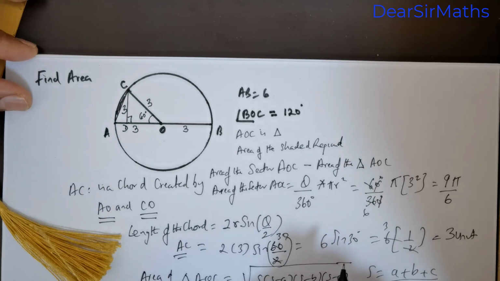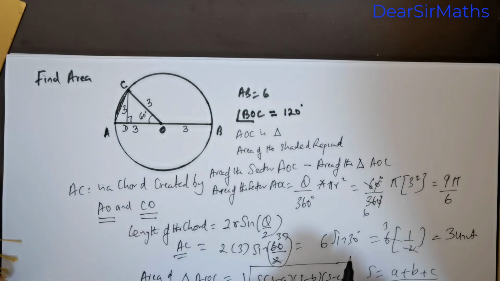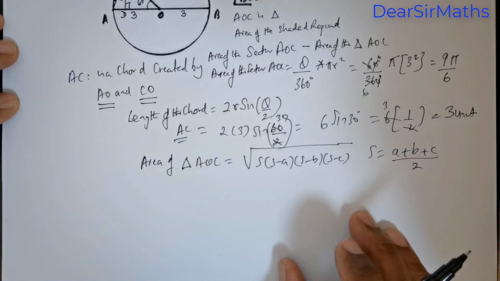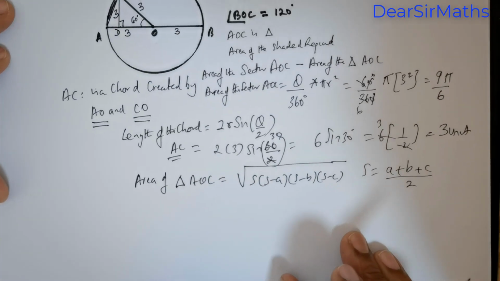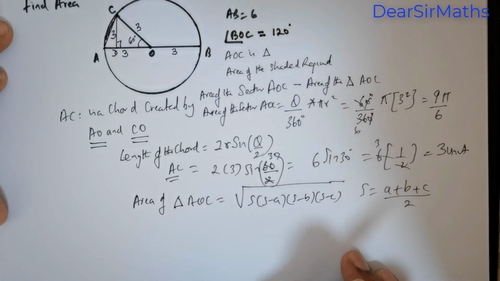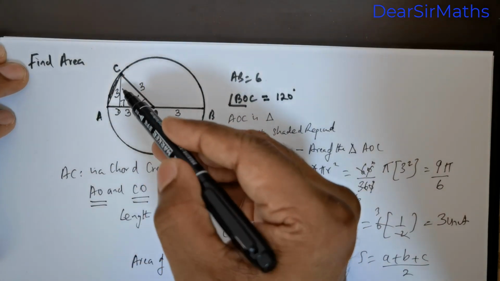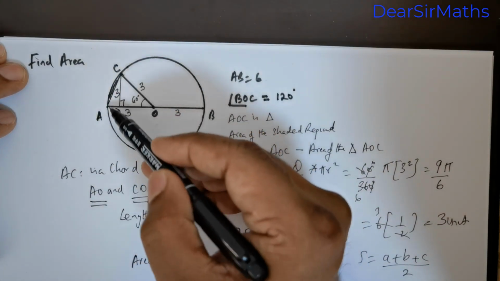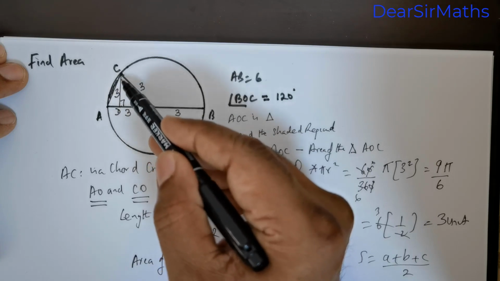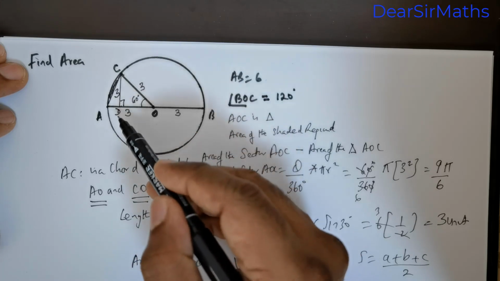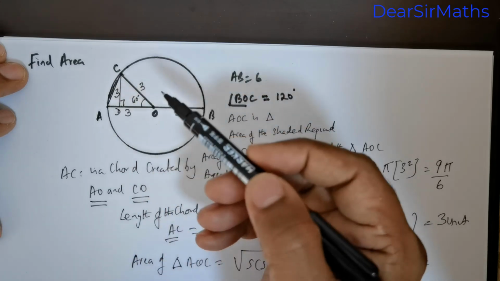So instead of getting the problem stretched, what I wish to do is I would like to apply the Heron's formula. So if I were to apply the Heron's formula, I will get the following. Now you can clearly see that this situation can arise, or this situation can be given as another problem, right?